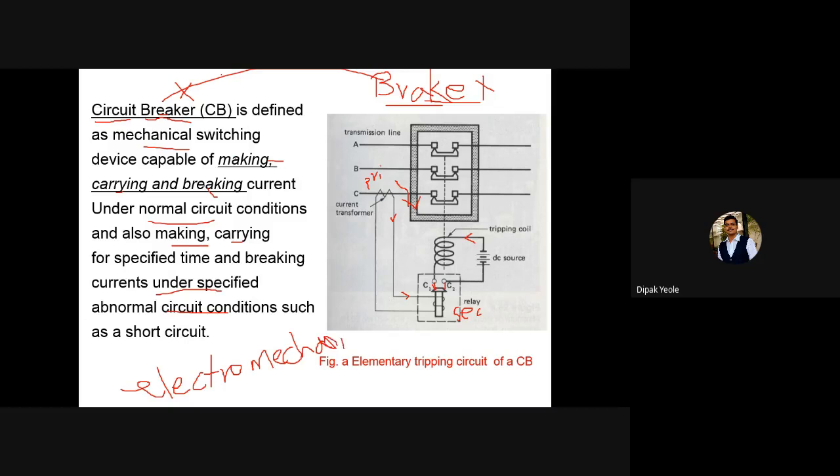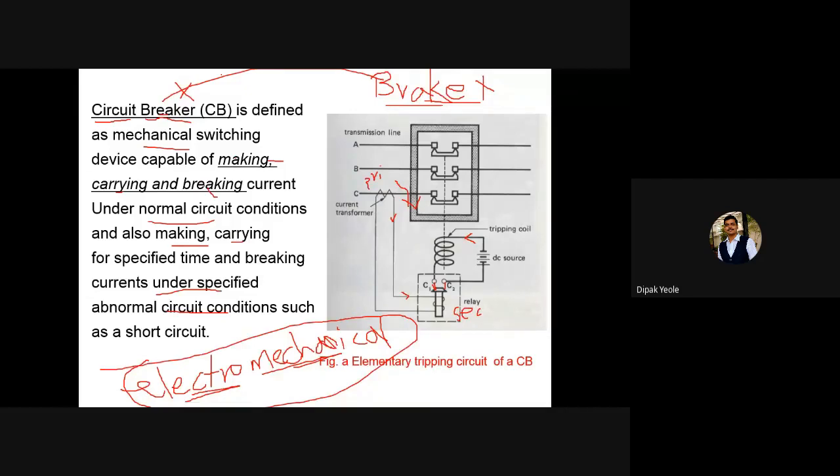You can see over here, the electrical quantity is sensed or detected by this particular CT. So this is the electrical part, and mechanical separation is going to happen. So the electromechanical principle is followed in a circuit breaker.